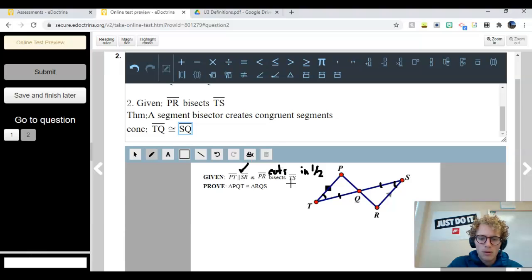So now, we've done both of our givens. Once that happens, we need to be looking at the diagram to see if there's anything else that we can be using. Actually, let me think. Sorry, I wanted to think about this because there's a couple ways that you could have done this proof. But I want to go a certain way with it.